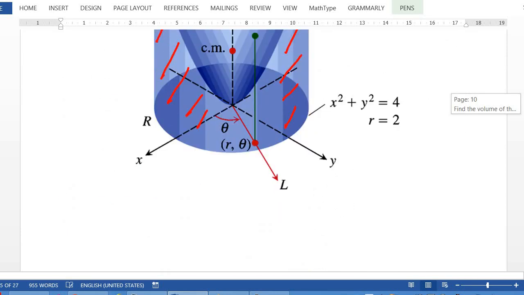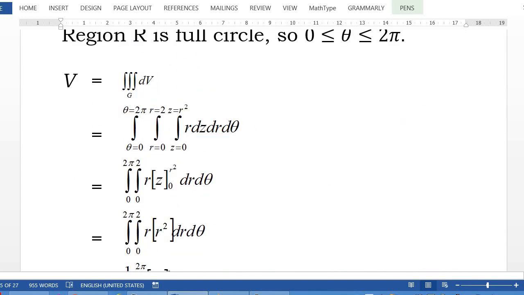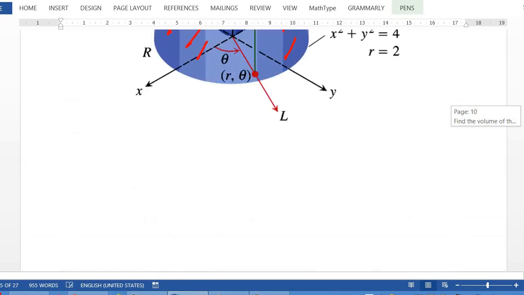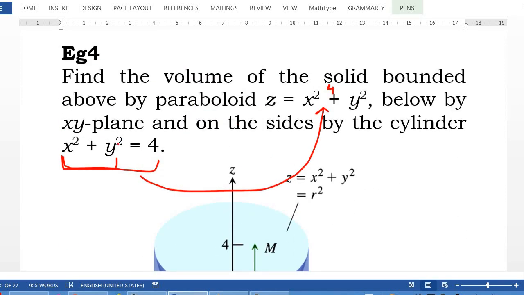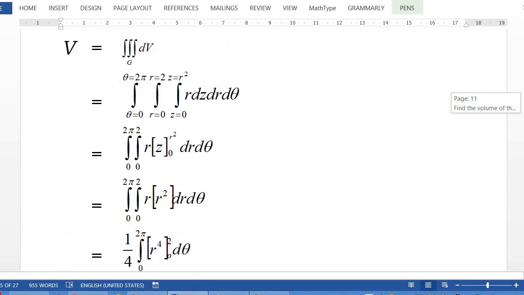So r is 2. That's why r from 0 to 2, theta from 0 to 2 pi.